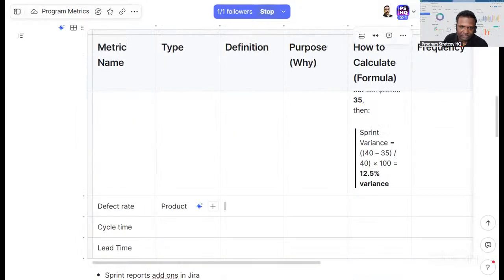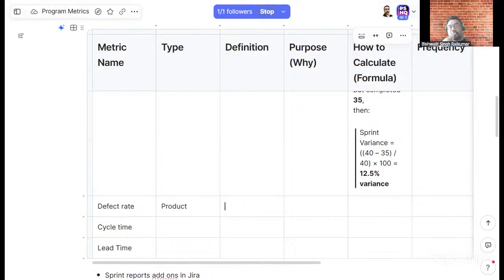So this defect rate: how many defects were found in production, how many defects slipped to production over the last sprint?